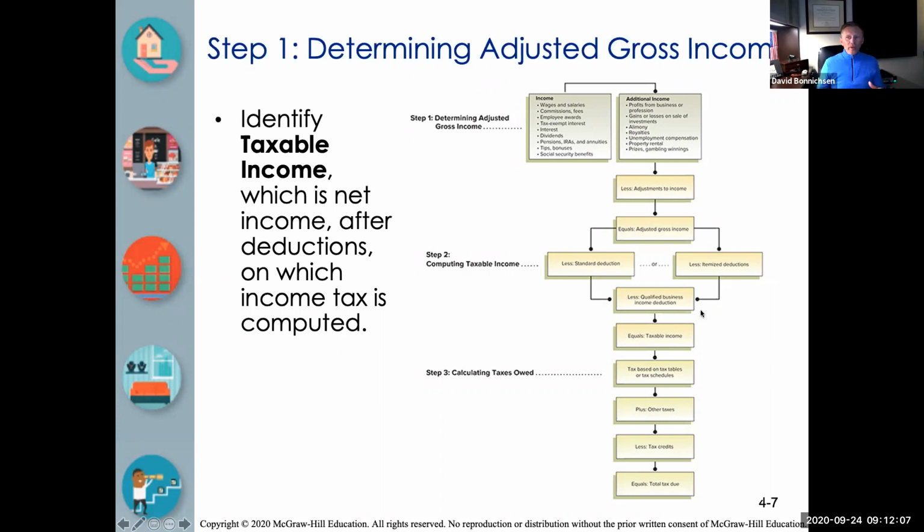Once we've taken our AGI and backed out the standard deduction and any qualified business deductions, that gets us to our taxable income. And that is where we calculate what our taxes owed are using the marginal tax tables. Once we've done that, we calculate how much tax we owe. If there are any other taxes, we'd obviously add those.